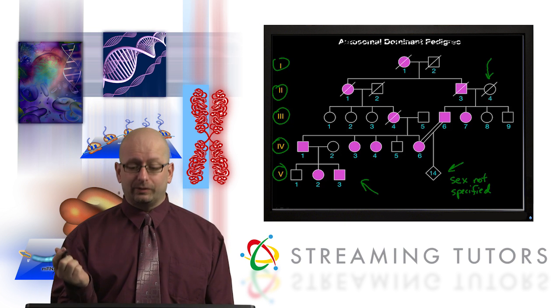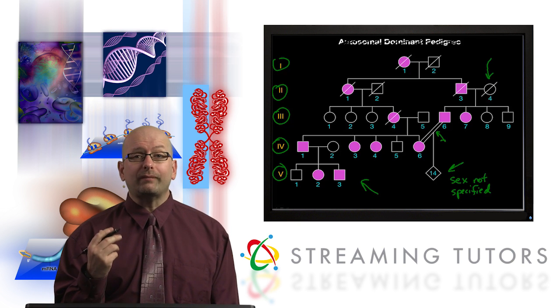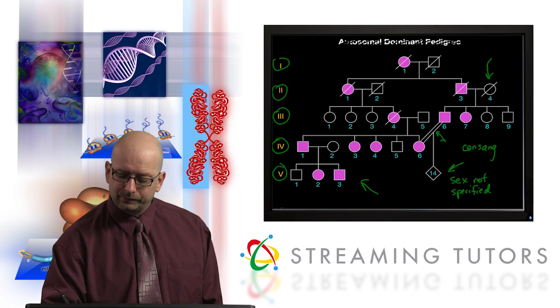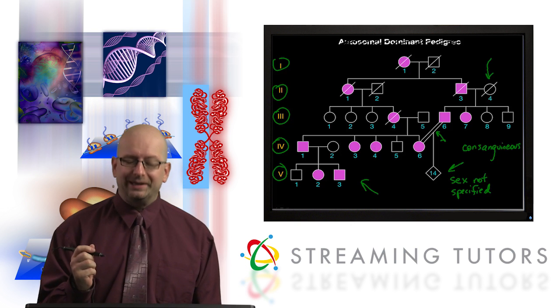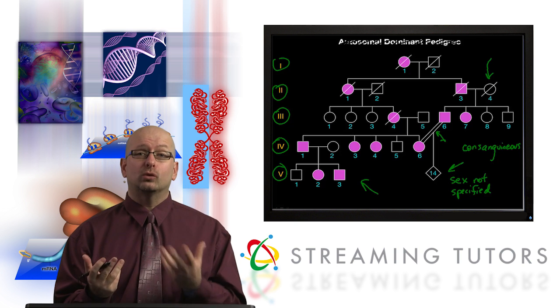Lastly, and we'll talk about this more later, when you see double lines like that, that refers to what's called a consanguineous relationship, which I'll be shocked if I can spell that right. Consanguineous, I think that's right. It basically means an ancestral type of relationship.